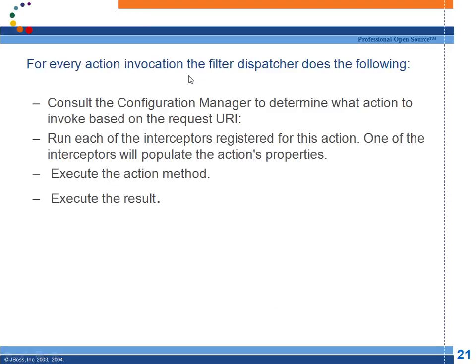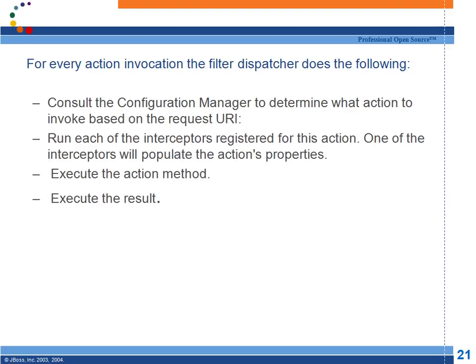So for every action invocation, the filter dispatcher does the following. Consult the configuration manager to determine what action to invoke based on the request URI. Run each of the interceptors registered for this action.